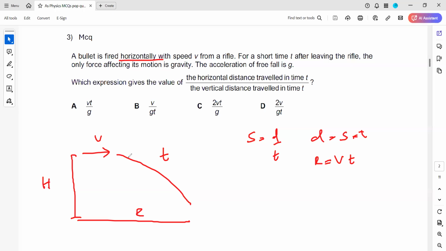What about the vertical? Whenever an object is launched horizontally, as they mentioned, a bullet is fired horizontally, the vertical velocity is 0, the starting velocity. The time it took for this vertical distance is t. And what about the acceleration? Acceleration is due to gravity, which will be 9.8.